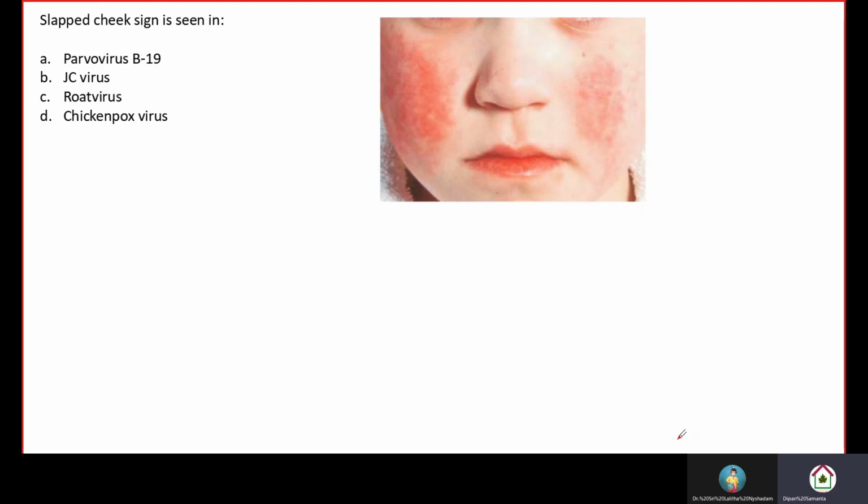Slapped cheek sign is seen in parvovirus B19, JC virus, rotavirus, and chickenpox virus.